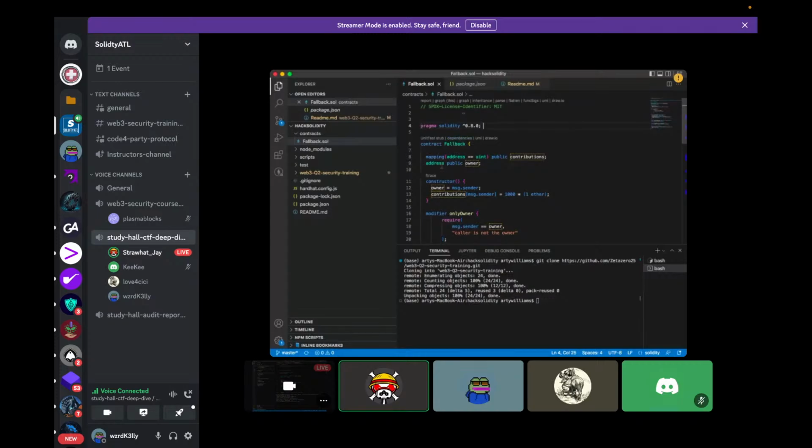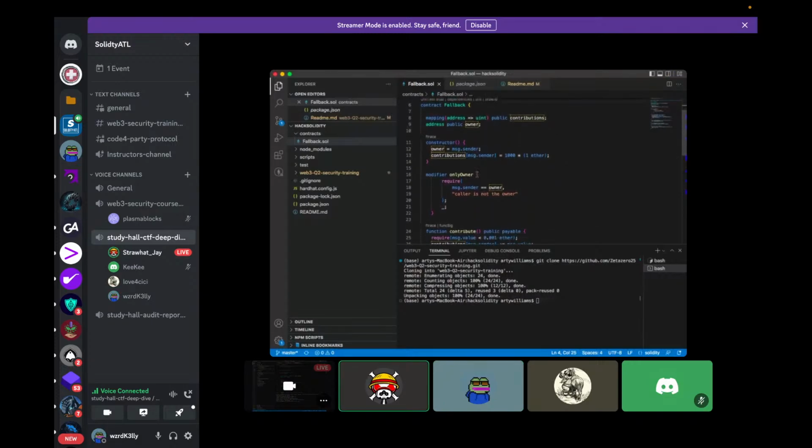First thing this contract has is a mapping. The mapping is indexing an address to a specific uint. The name of the mapping is contributions, and it's public. And the address will be public, and it'll be the address of the owner. Correct? Yeah.